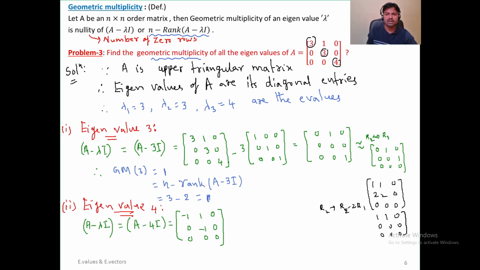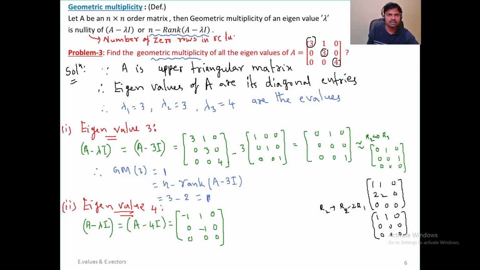It means after simplification you have to decide. Look at the definition: rank of A minus lambda I. How to calculate rank? First you have to convert this matrix into reduced echelon form. Then you look at the number of non-zero rows. Similarly here, nullity means number of zero rows, let me clear it, in reduced echelon form.